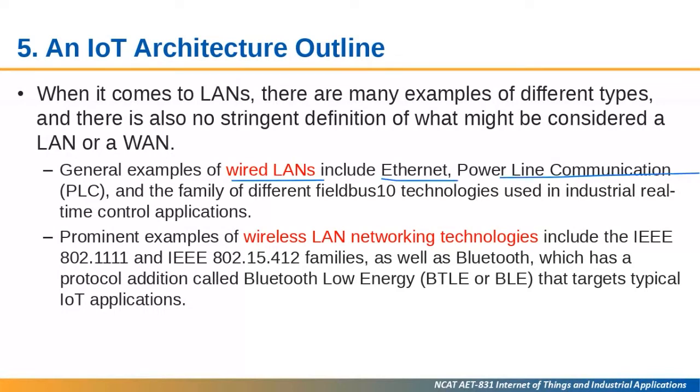Communication, which you may not see, but it's very common. If it comes to wireless, then we have the IEEE standards, which basically stand for different protocols. I may have some typos here.